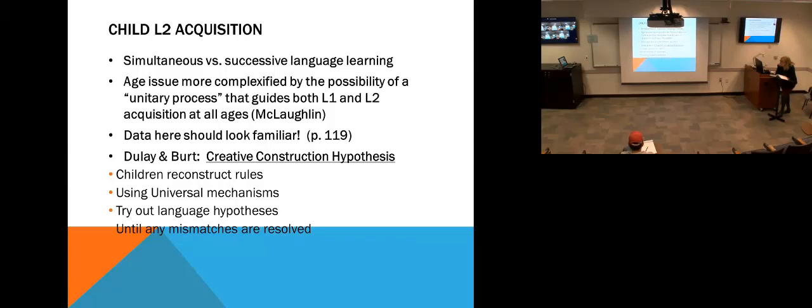The data in this part of the chapter on 119 should have looked super familiar, because it was the data that you looked at in your language analysis. It was the little Japanese girl and the little Norwegian boy. So that gives you an idea as to the kind of things that I was looking for you to say.